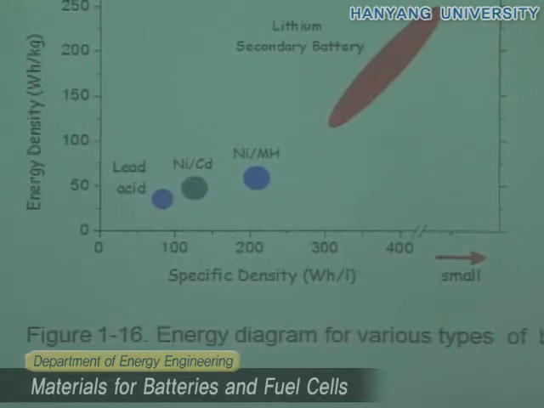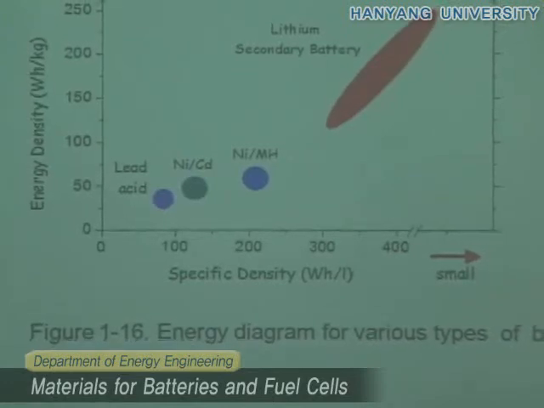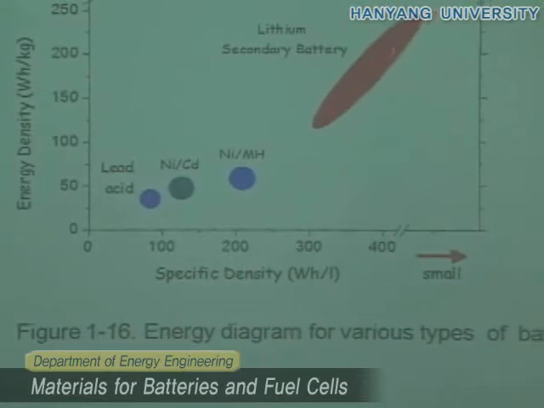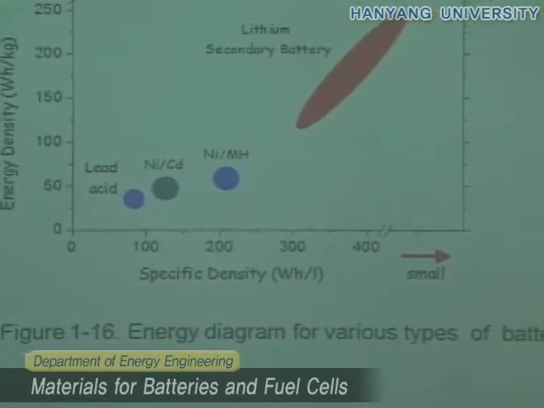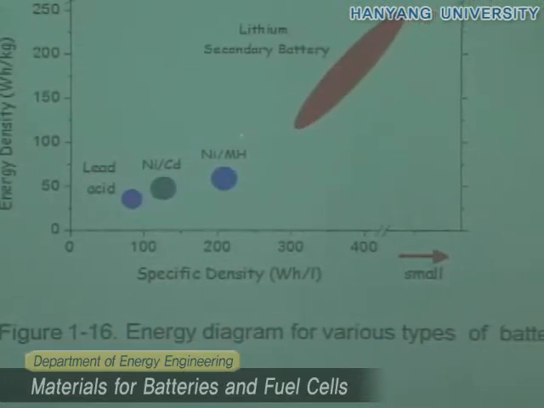Because depending on the structure, the chemistry and the formulation, we can increase the energy density. So the first lithium batteries had about 100, let's say 120 watt-hour per kilogram in terms of weight. And now you can have batteries of about 200 watt-hour per kilogram.